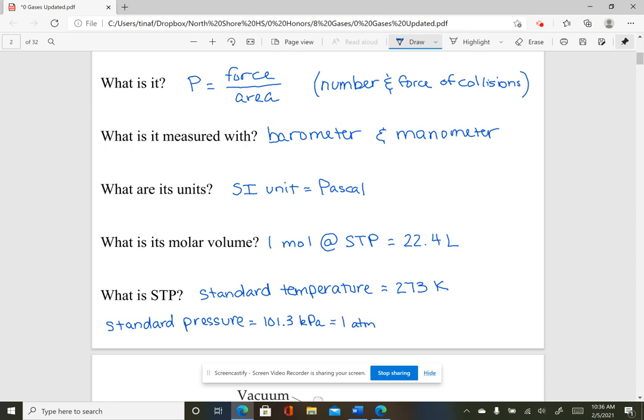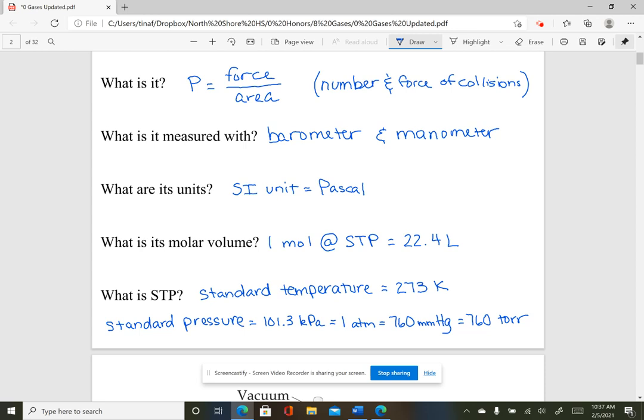1 atmosphere is another unit for standard pressure. 760 millimeters of mercury is another unit for pressure. 760 torr is another unit for pressure.